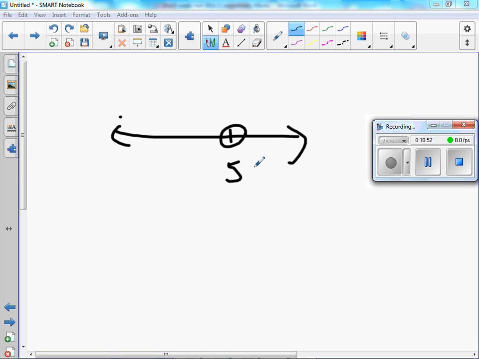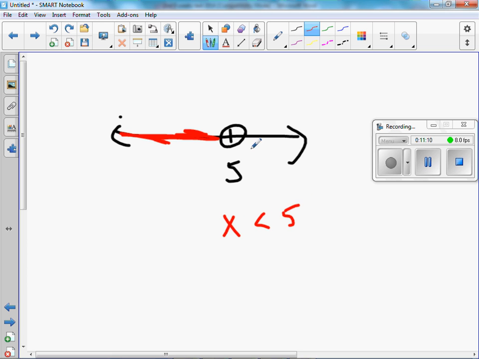When you're graphing inequalities, say you have an open circle. Let's say I graph it here. What is that inequality saying? With the open circle, you got it. It's saying that x is less than 5, not equal to 5, because it's an open circle.